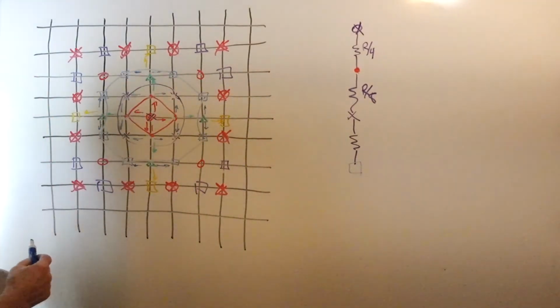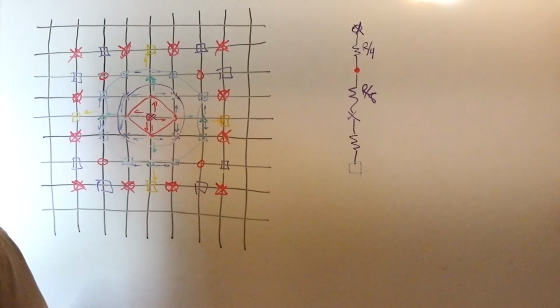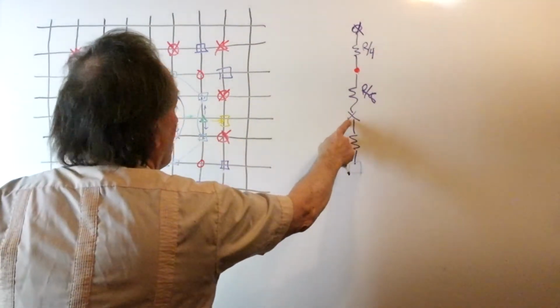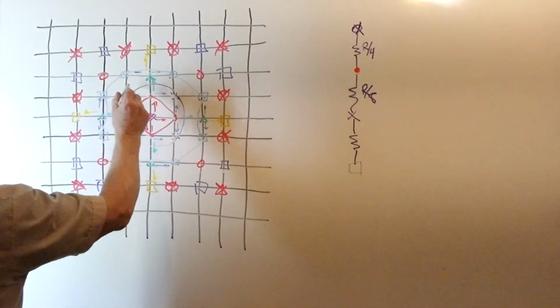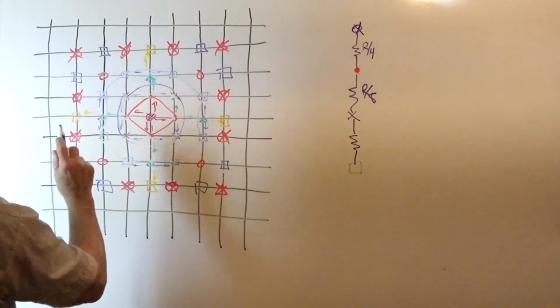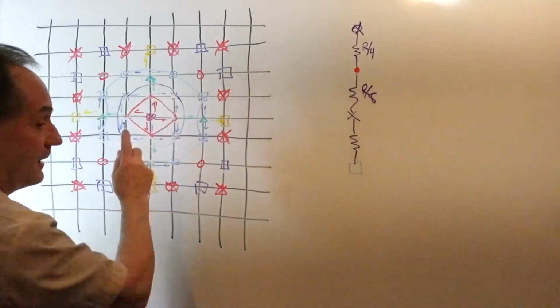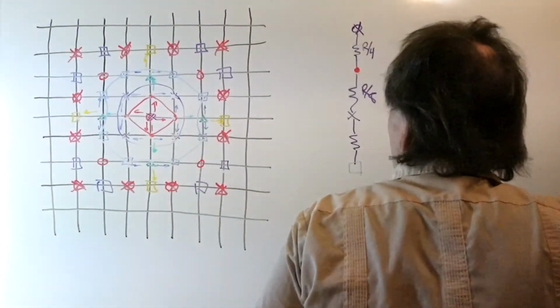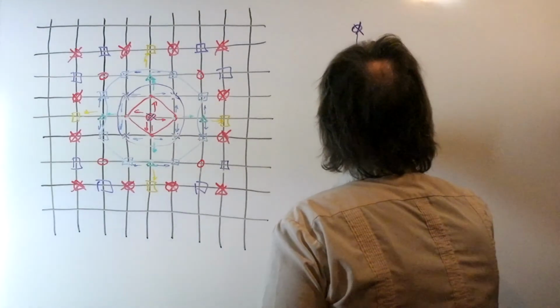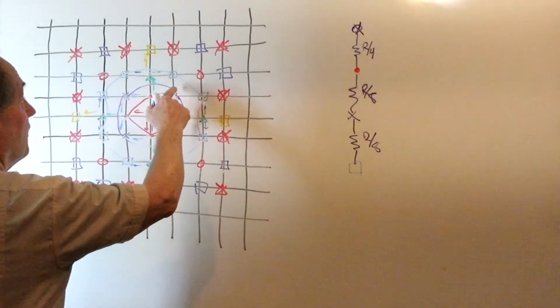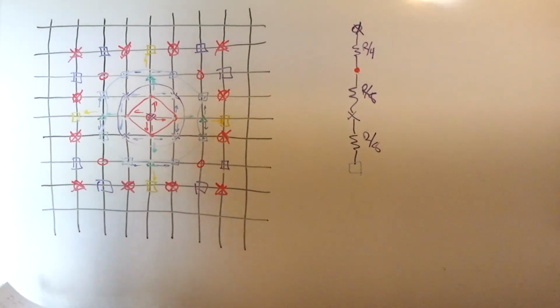So how many resistors do we have there? Going from the purple X to the blue, we have 1, 2, 3, 4, 5, 6, 7, 8. So it's R over 8 in parallel, going from the purple node to the blue node.